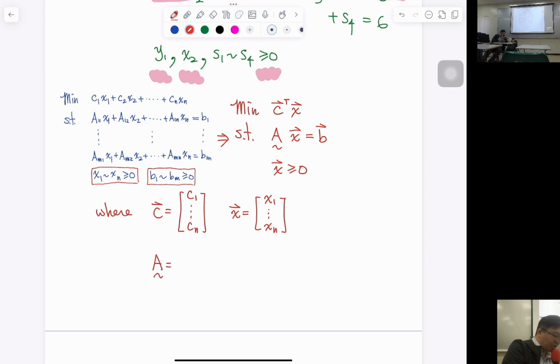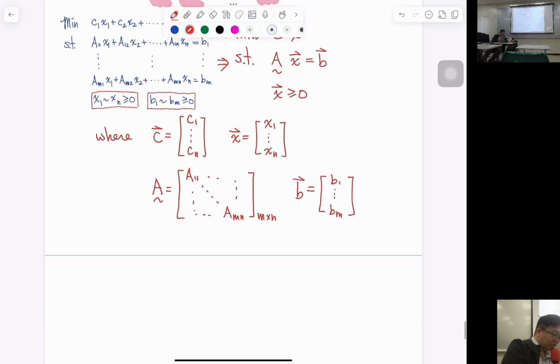A matrix basically A11 and so on, to Amn. So the size is m by n. B vector is b1 to bm, and n equals to the number of variables.